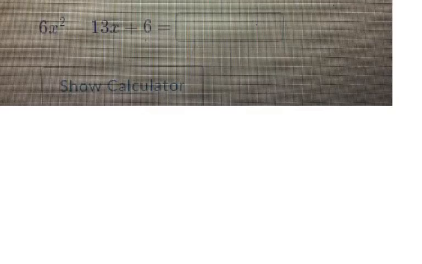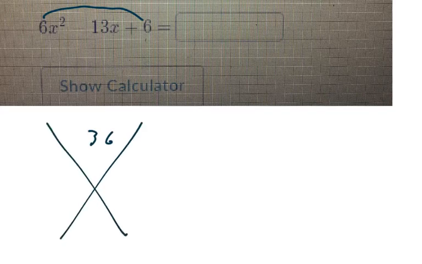All right, let's do one more. 6 times 6 is 36. The middle number is minus 13. That is a minus if you're struggling to see that. Okay. What times what is 36 that gives me negative 13?